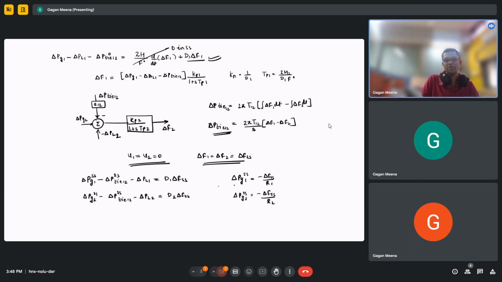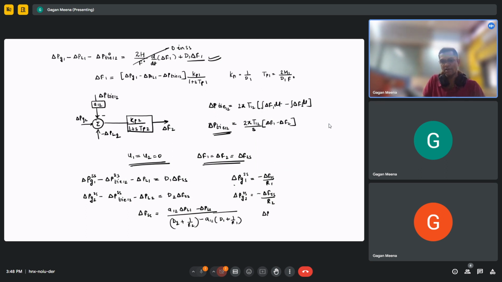If we substitute these two values in these two equations, then after solving we will find that delta F SS is equal to A12 into (delta PL1 minus delta PL2) divided by (D1 plus 1 by R1) times (D2 plus 1 by R2) minus A12 into (D1 plus 1 by R1).